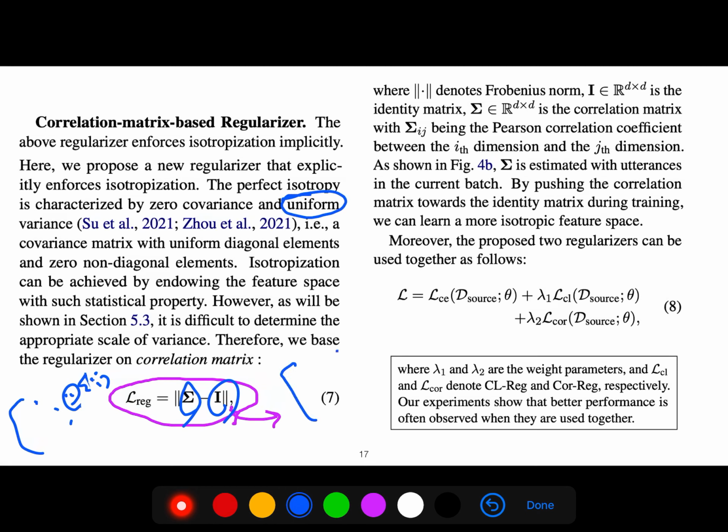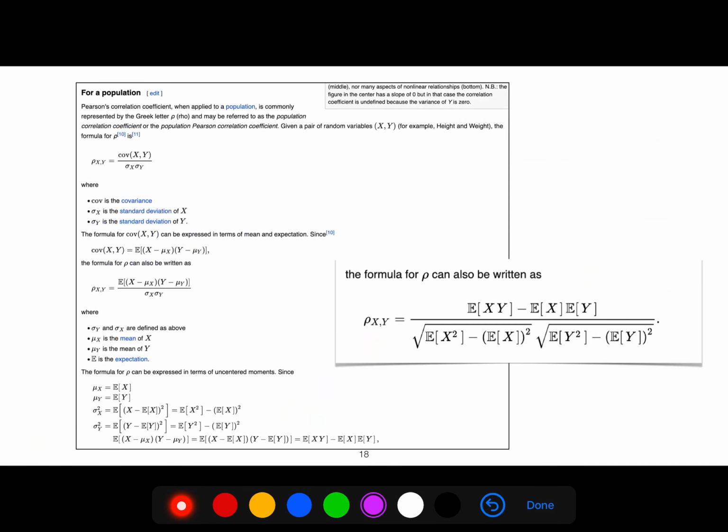Zero covariance means that off the diagonal we want everything to be zero, but the diagonal we want to be as close as possible to the identity. The two regularizers can be used together here. So we have cross entropy for the source domain as usual, but we have two regularizers.